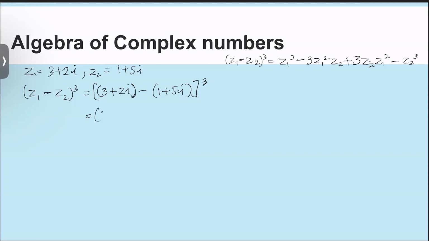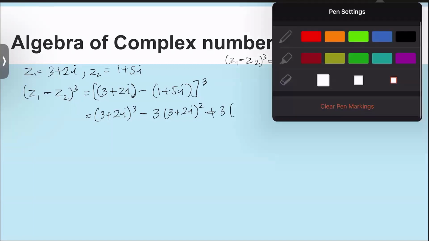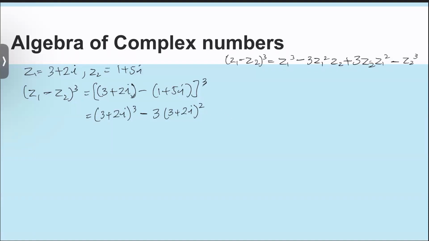Now let's say 3 plus 2i cube, minus 3 z1 squared, so 3 plus 2i squared, and then we have plus 3, sorry, missed term over here. So z1 squared z2, where z2 is 1 plus 5i. And then you have plus 3, 3 plus 2i, 1 plus 5i squared, of this form. And then you have minus 1 plus 5i cube. Okay, so this is what we get.